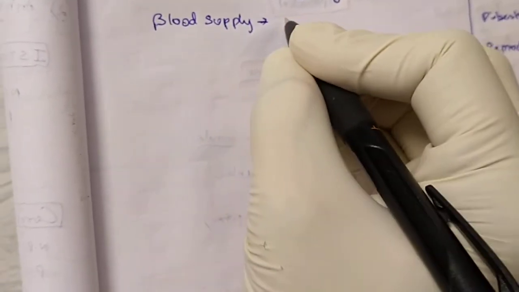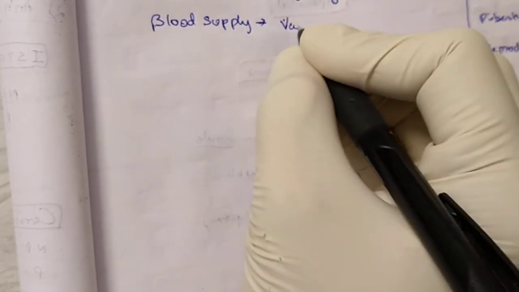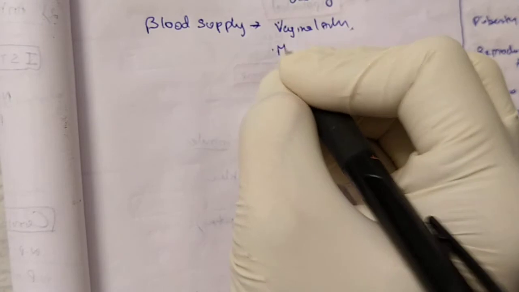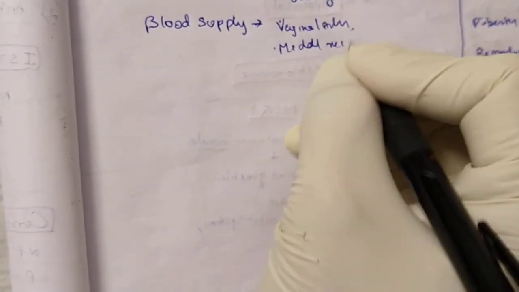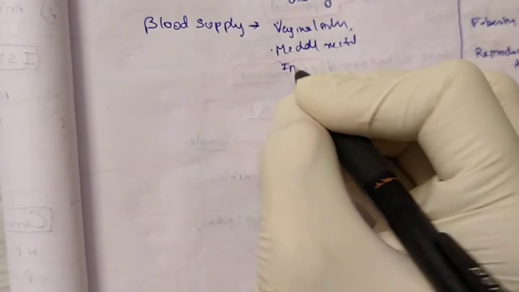Now we'll talk about blood supply of vagina. It has vaginal artery, middle rectal vein, middle rectal artery, internal pudendal artery.